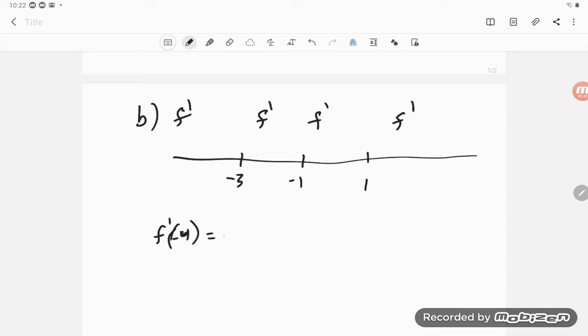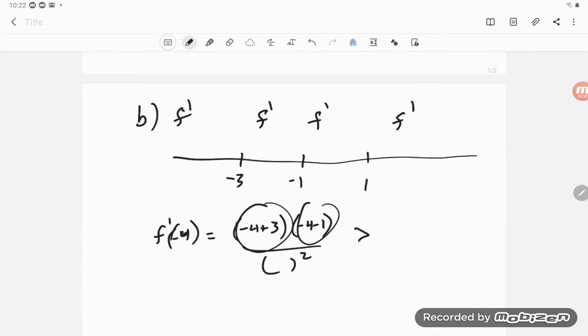So I've got a -4 plus 3 times a -4 minus 1, and then all over something squared. And so that's negative times negative, so this is greater than 0. Okay, so in here, f prime is greater than 0.